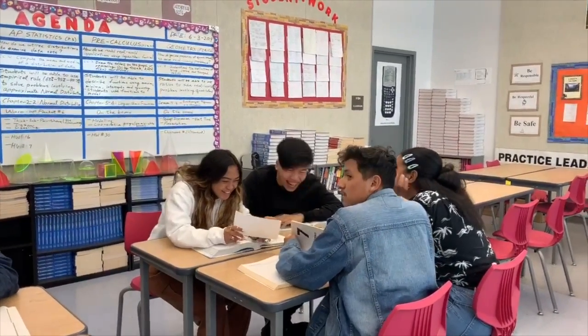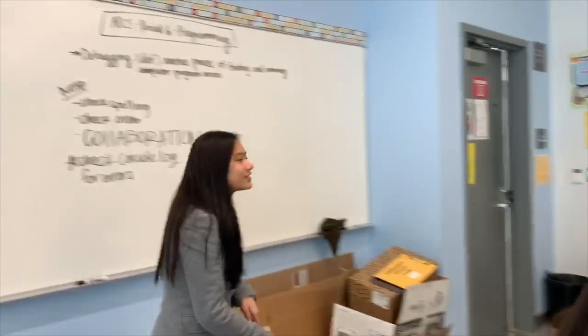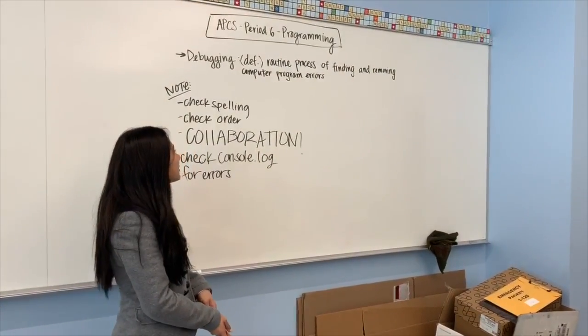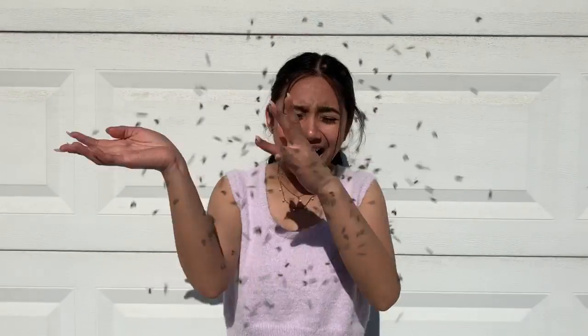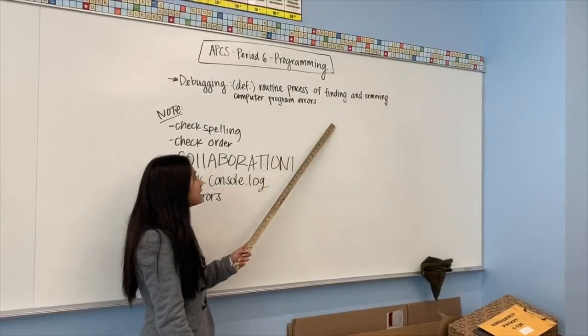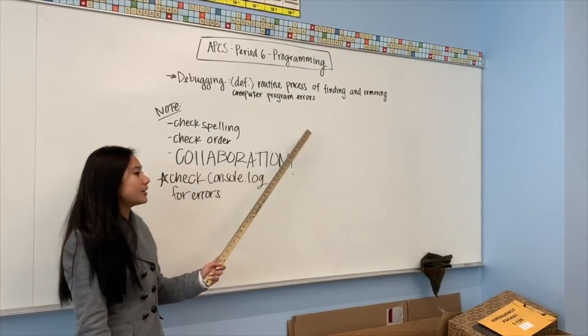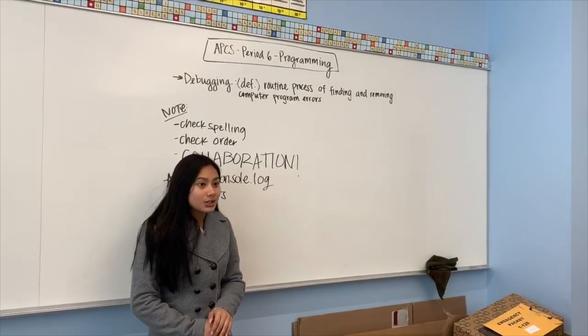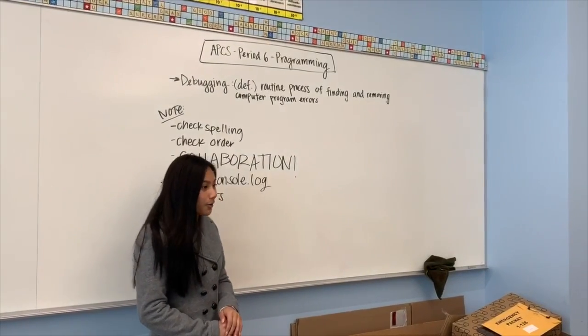Alright, folks. Listen up. Okay, so for today, we're learning about debugging. Debugging. The process of finding and removing computer program errors. So debugging is an essential part of programming.